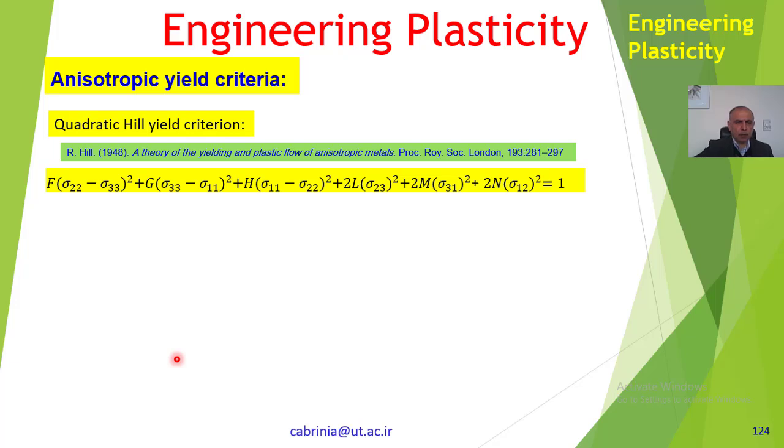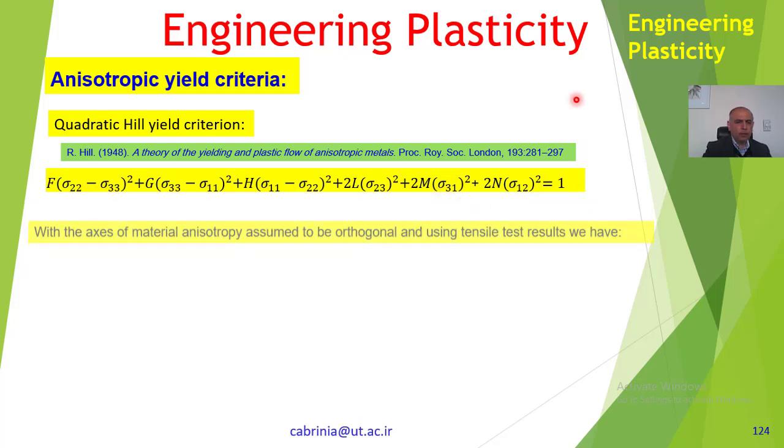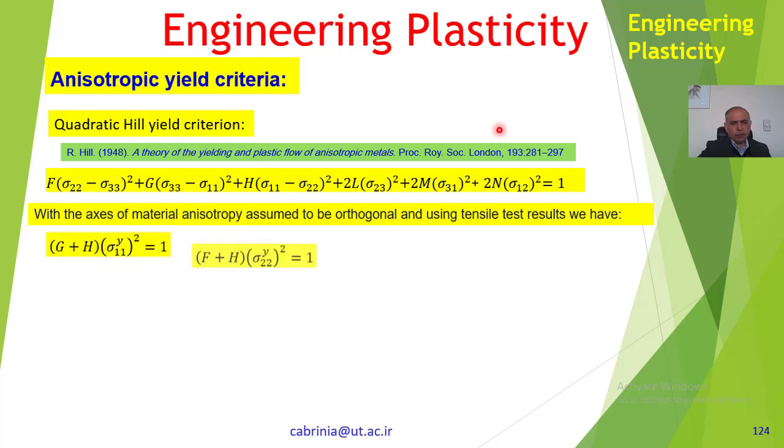Okay, then let's get back to the quadratic Hill criterion, which is this one, and see what we can do with it. Now, with the axes of material anisotropy assumed to be orthogonal and using tensile test results, we have this. What we are saying here is that we are using the orthogonal axes, and we are taking our specimens along those axes.